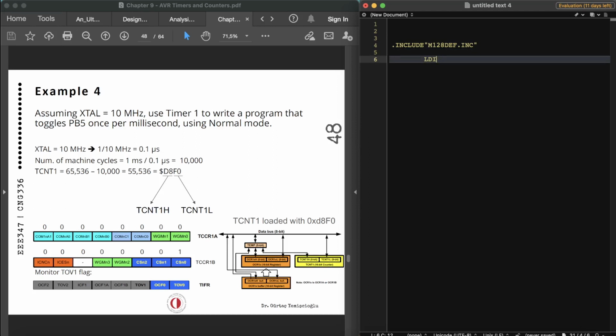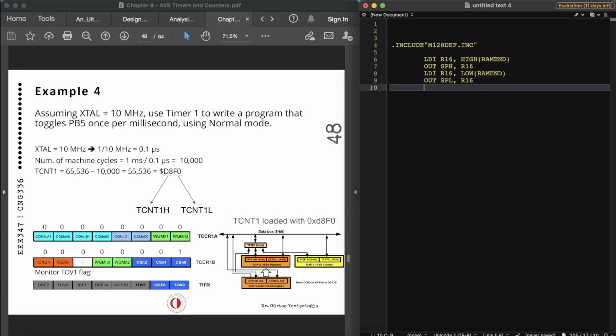In order to implement a subroutine, I have to use a stack pointer. LDI R16, high RAMEND, and then OUT SPH, R16. LDI R16, low RAMEND, and then OUT SPL, R16.